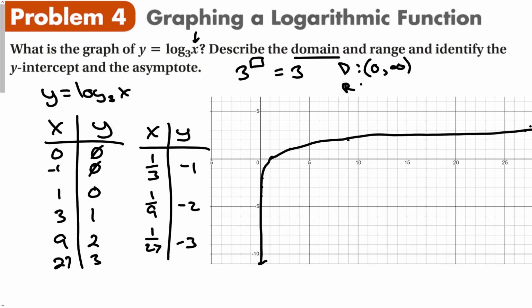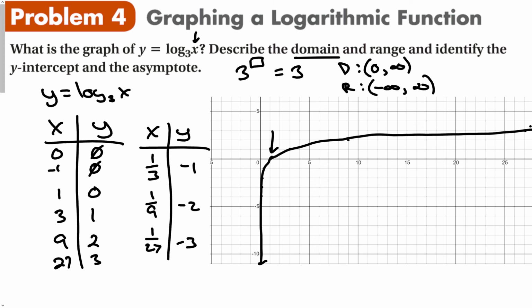And the range, well, it goes all the way down. It's going up really slowly, but it's still going up. So the range is from negative infinity to positive infinity. This function has no y-intercept. It has an x-intercept at (1, 0).